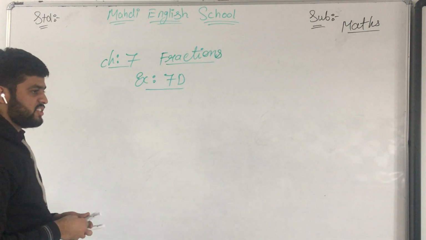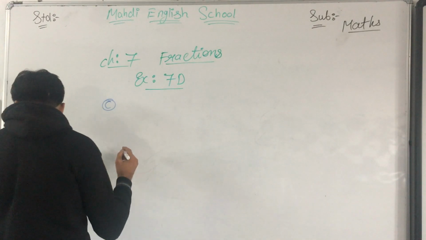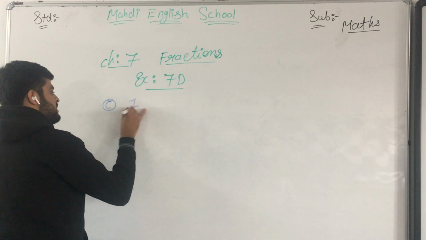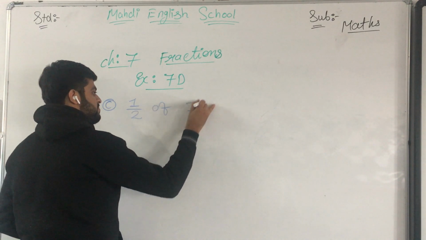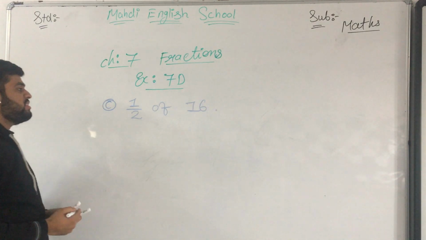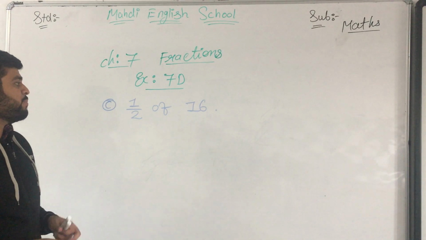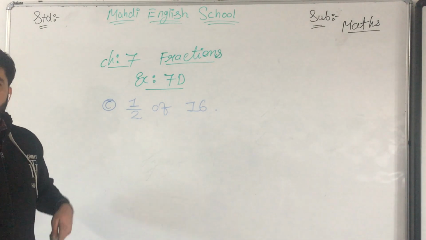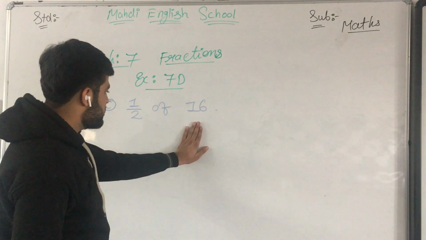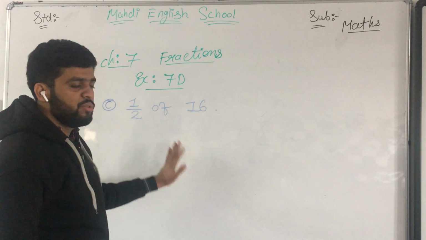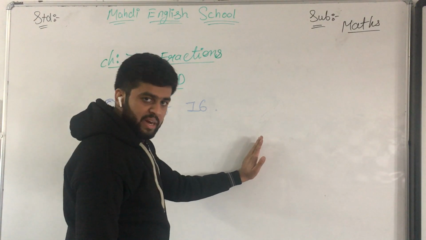So now we start question number C. Okay, let's check, my dear students, question number C. What is question number C? 1 upon 2 of 60. Okay, so here we do the division first, then we will move on to multiplication.